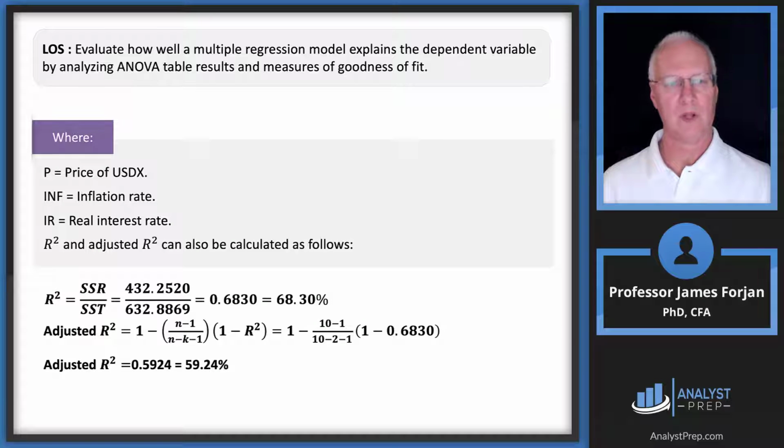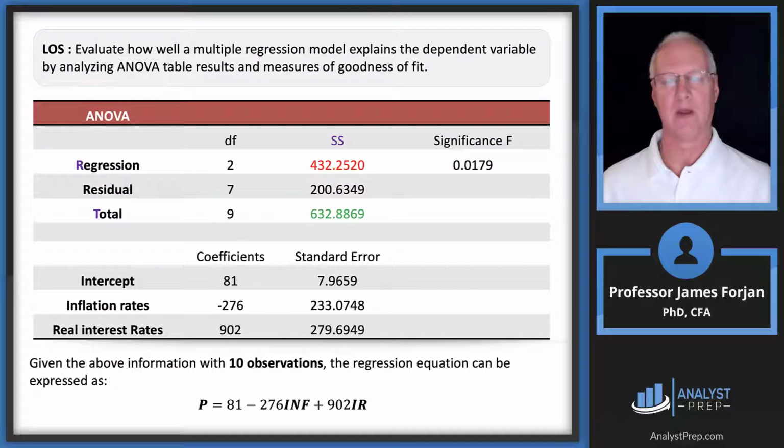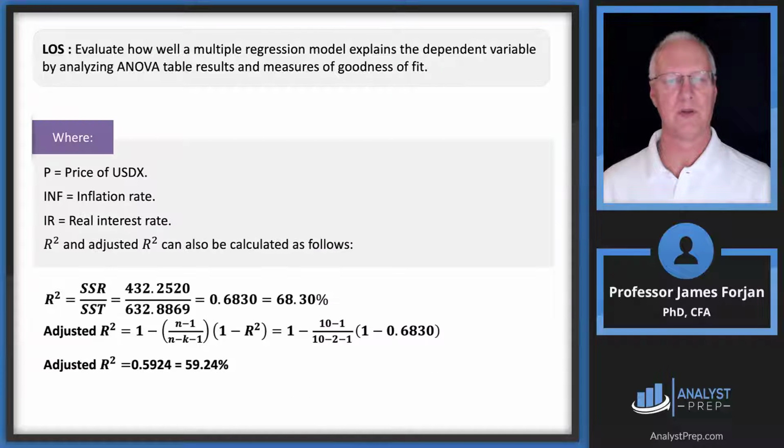And so the question then becomes, let's go ahead and compute both the R square and the adjusted R square. We'll use these equations that we've had from previous. So just take the 432 divided by the 632, and you get almost 70% for R squared.